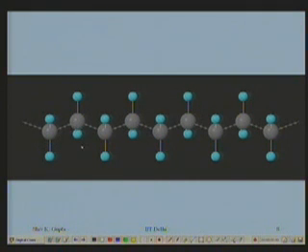This is one monomer, that's another monomer, third monomer, fourth monomer, and so on and so forth, and these monomers are connected here like this. All the carbons I am showing as black or grey ones, and these blue ones are the hydrogens.